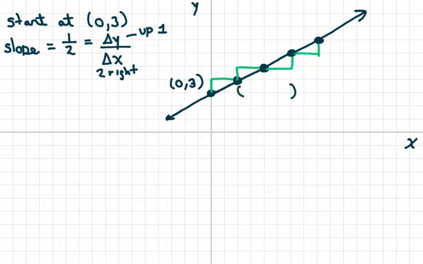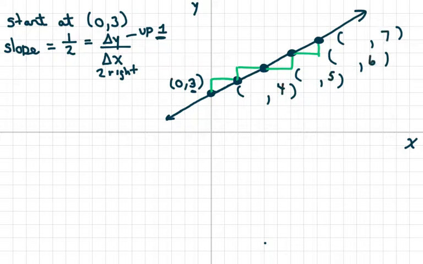And now I say, well, what are these points that I found here? Well, I follow the instructions about how I got there. I started at 0, 3, so my y was 3, and I go up 1 every time. So 4, 5, 6, 7.